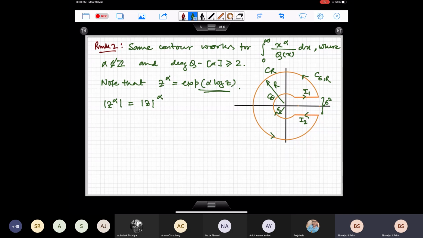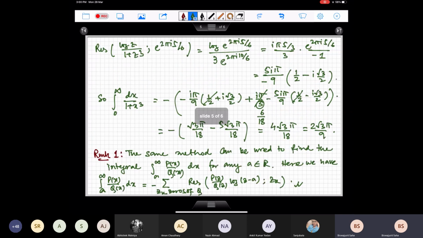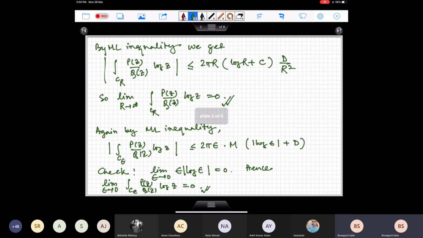So what I get is that the denominator still has degree slightly bigger than 1, and slightly bigger than 1 is what you need. For example, if you come to this expression over here, I had a 2 pi R. I had a log, but in this case there is no log. So here in place of 2, even if I would have had 1 plus epsilon, that would have been good enough to ensure that this limit is 0.